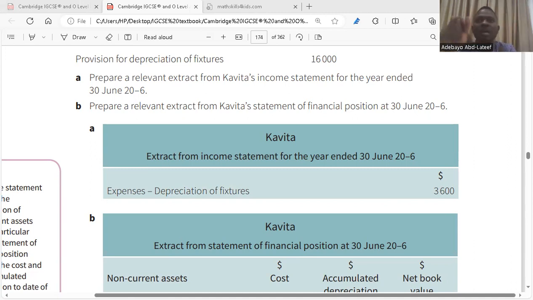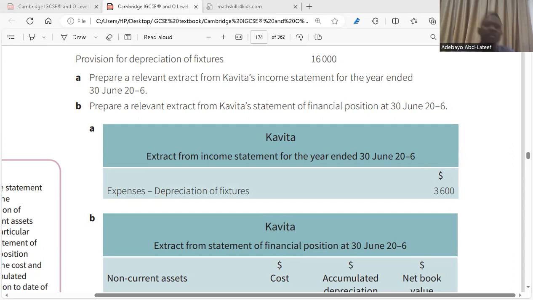We have 40% for the asset and 40% for the provision for depreciation. 40% of 25,000 is 10,000. 40% of 16,000 is 6,400. 10,000 minus 6,400 is 3,600. That's the depreciation of the fixture.